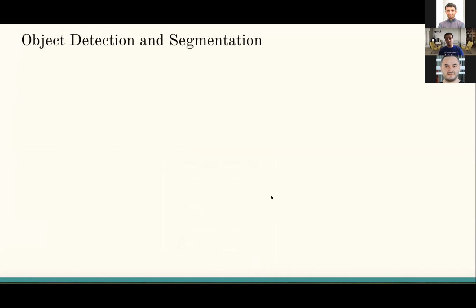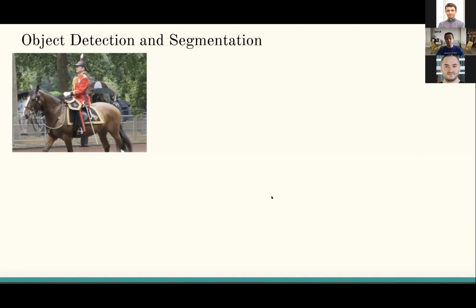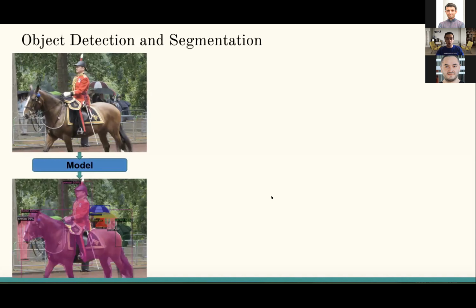And in the case of image object segmentation, it identifies all the pixels in your image that belong to your target object. So if you give this kind of example to our neural network, it may give us this kind of output, where in our case, it gave us both bounding boxes and also segmented objects, like people, the horse, umbrellas, and so on.